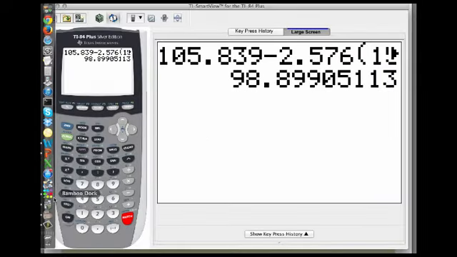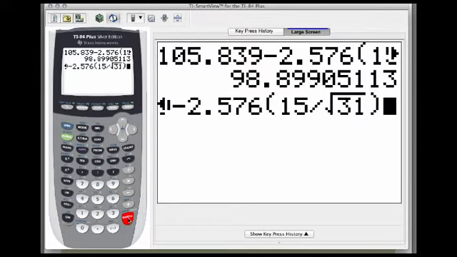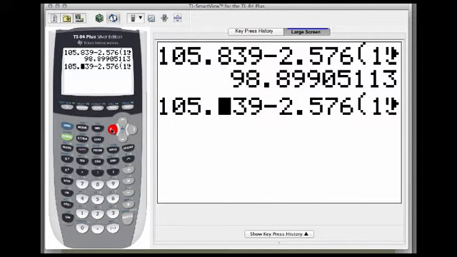Now, trick. You don't have to retype all this. Remember, you can do second enter, and that will pull up the entire line, and then you can just backtrack with your left arrow. Go change that minus sign to a plus. Saves you a heck of a lot of time. I overshot it. Come back.